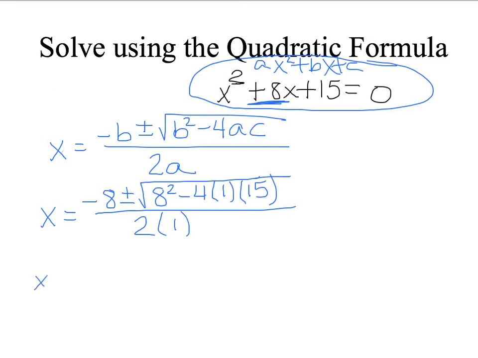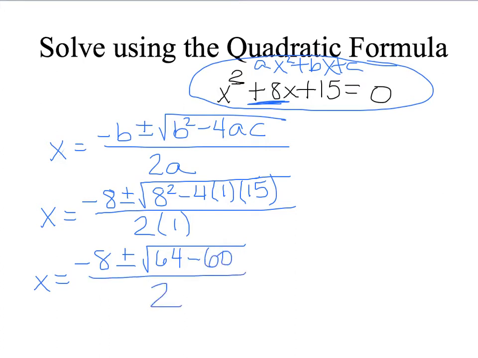And then we need to simplify. Negative 8 plus or minus the square root of 64 minus 60 all over 2.